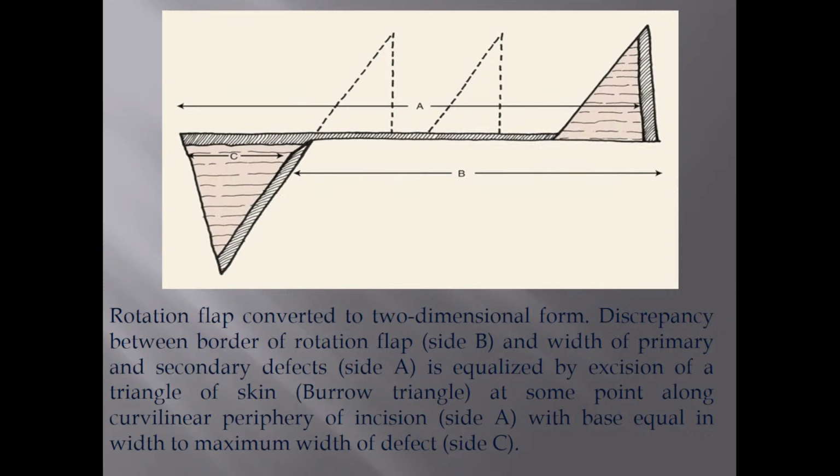The triangle's base is equal in width to the base of the defect, labeled C in the picture on the slide.